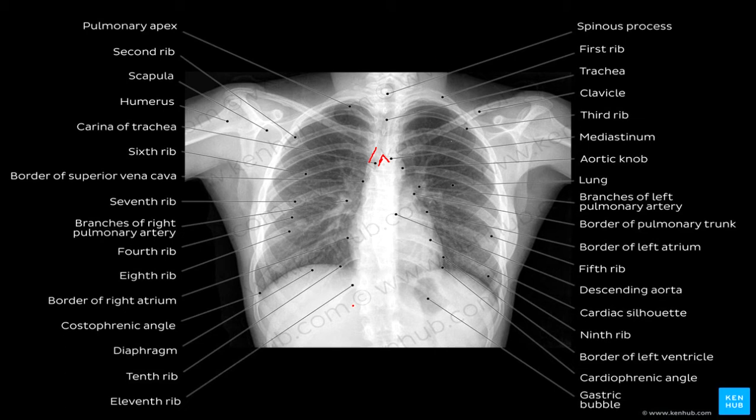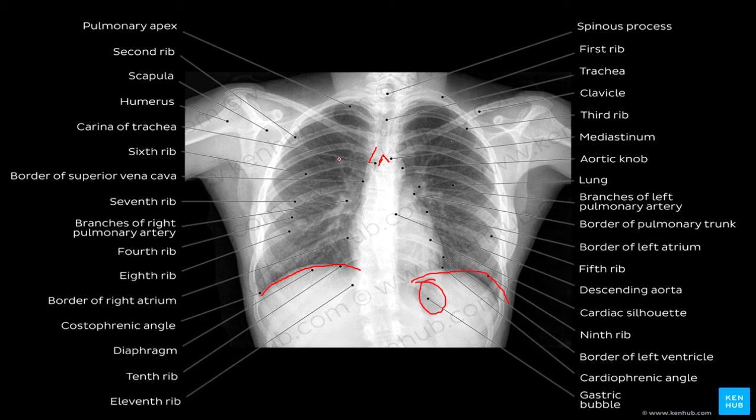So we see some part of the abdomen below the dome of the diaphragm. This is the air in the stomach. All the black we see here is air in the lungs.